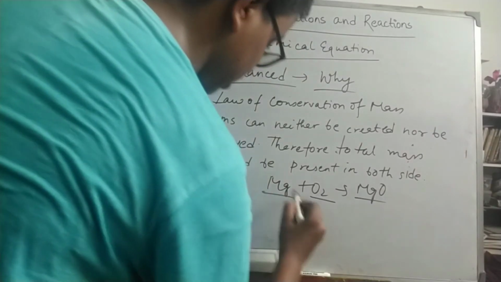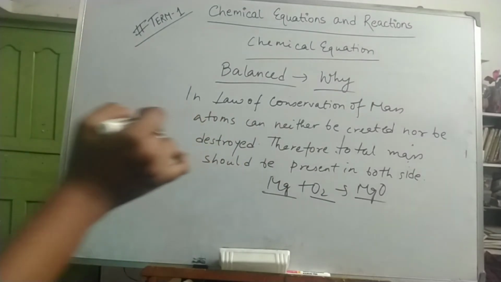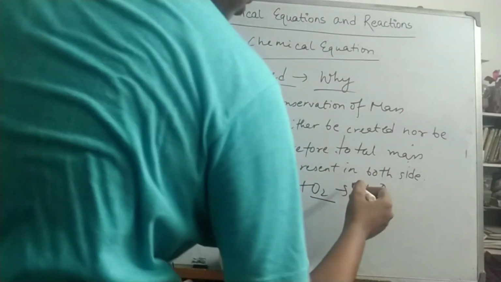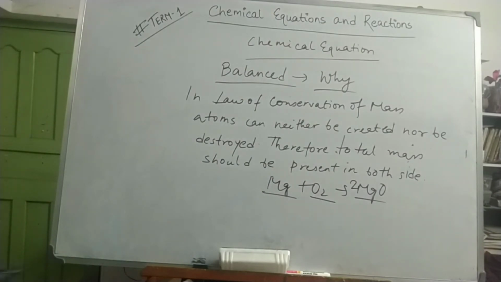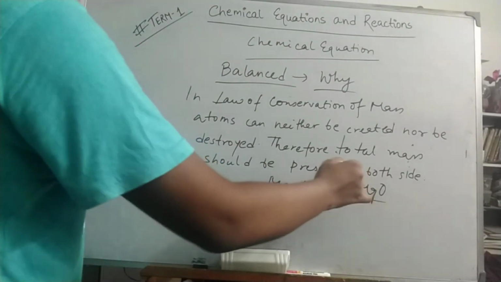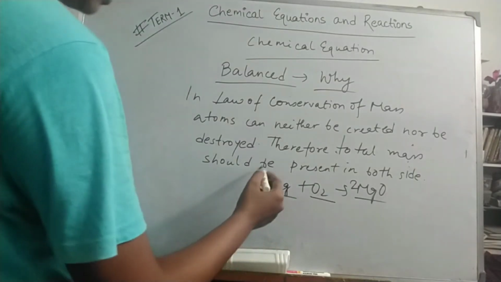See where something is wrong. Here 1 Mg, here also 1 Mg, okay fine. Here 2 oxygen are there, here 1. So if I give 2 here, now the oxygen number is 2. But now magnesium has also become 2. So if I give 2 here also, then magnesium is balanced here also.